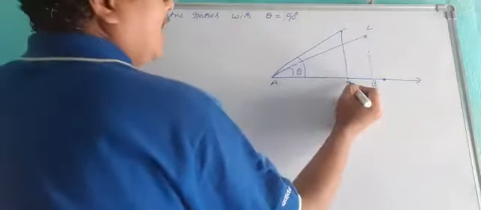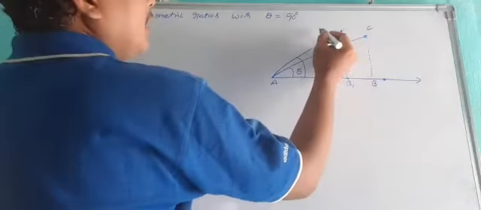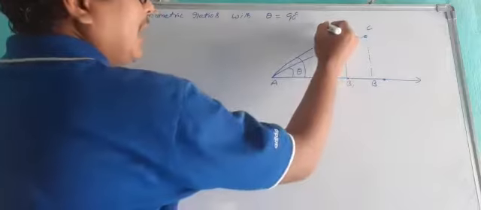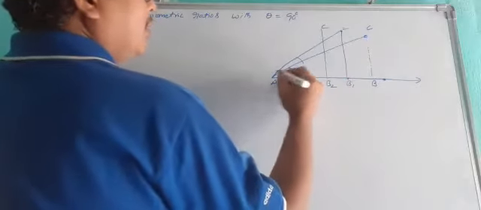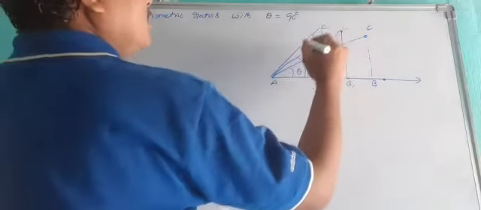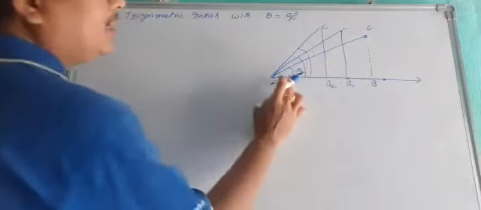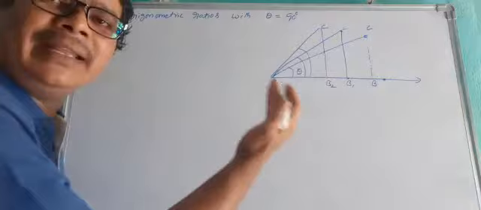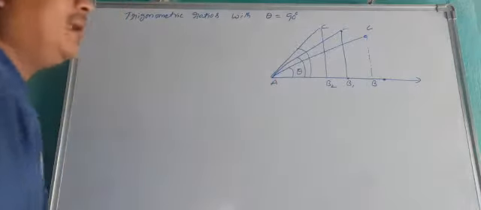Next, B1 like this, and the angle once again rises. The height rises, and now the angle also rises. For example, first 30, 50, 60, 70, 80, up to 90.